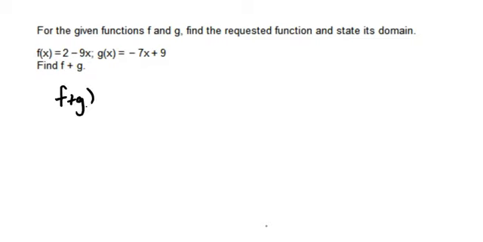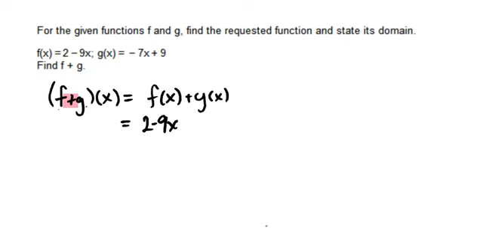F plus g can be found by adding f of x plus g of x. So we know to add because in the name of the function, it tells us to add these functions together. So f of x is 2 minus 9x, and we're going to add the function g of x, negative 7x plus 9, and we'll simplify by combining like terms.